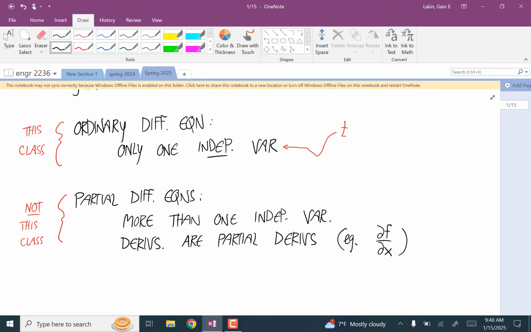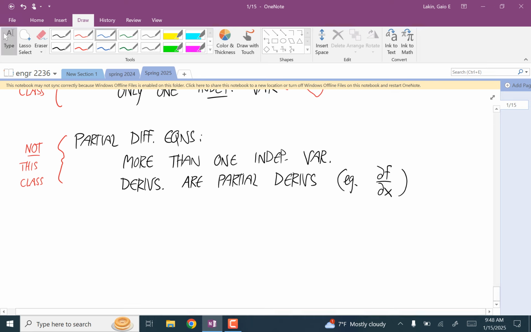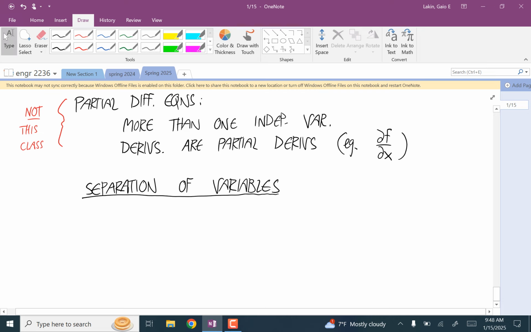Okay, so we'll get into this on Friday. Separation of variables, solving something by separation of variables, is something where you can write the differential equation in this form.